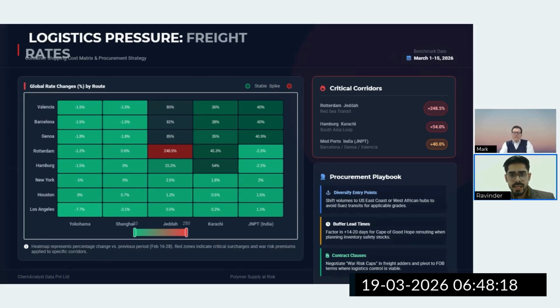The prices have not changed as much as they have changed in other trade routes here. So here as well, as I was saying previously, the USA can be a beneficiary from this war situation or the crisis, you can say.